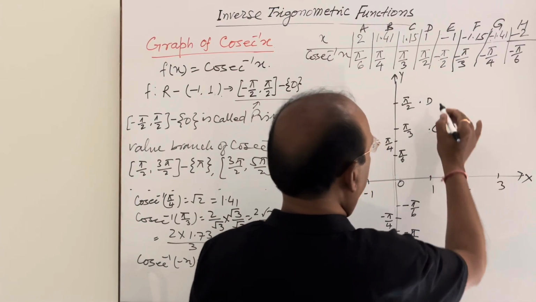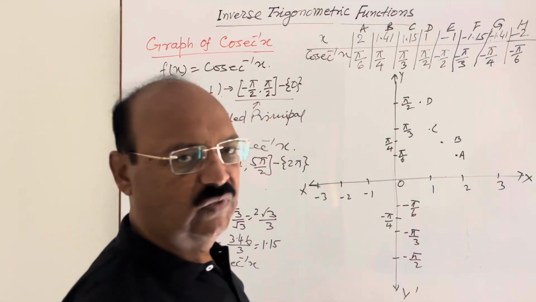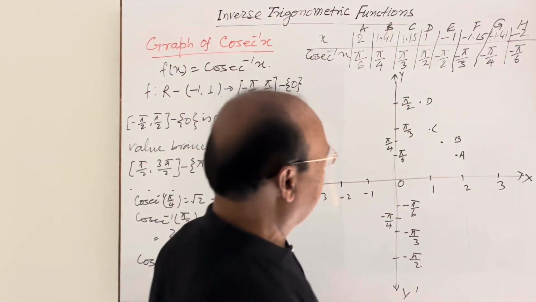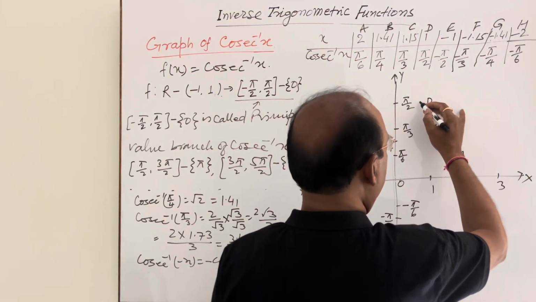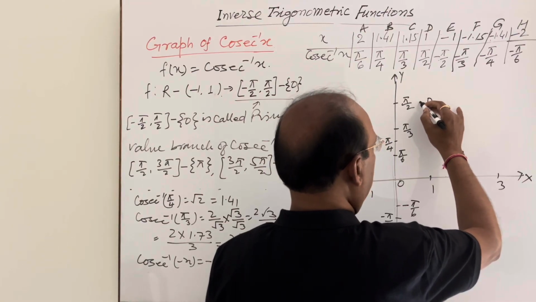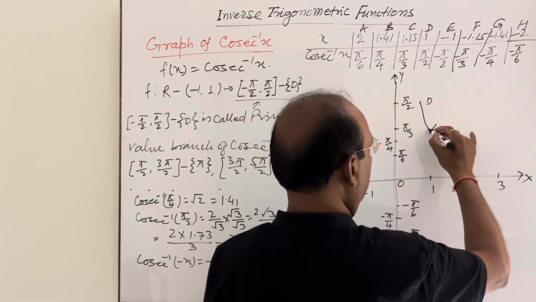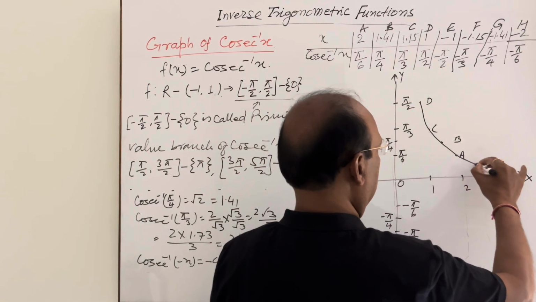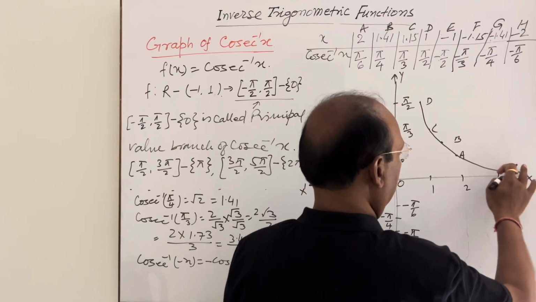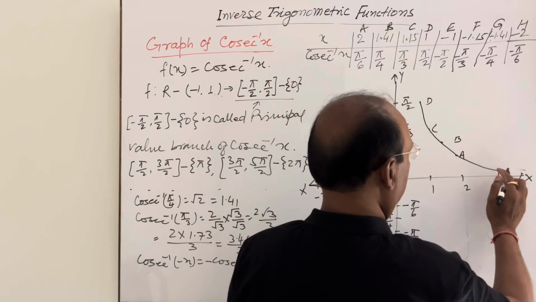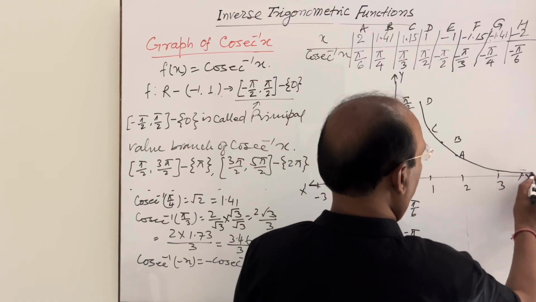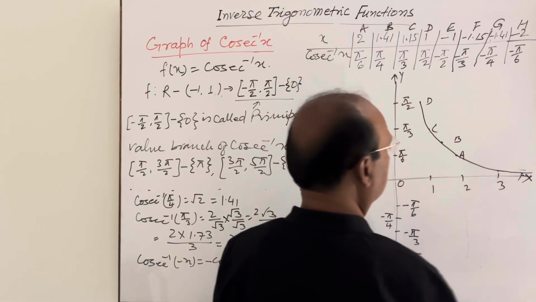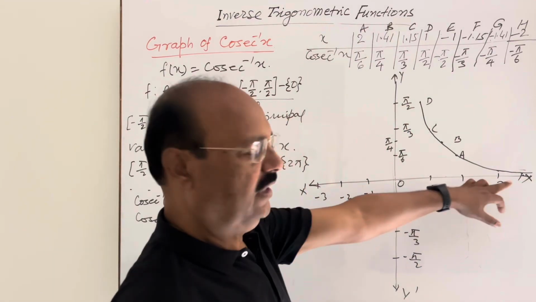Suppose this is point D, correct? So we can join these points with the help of a freehand curve like this. It will not meet the x-axis, correct?